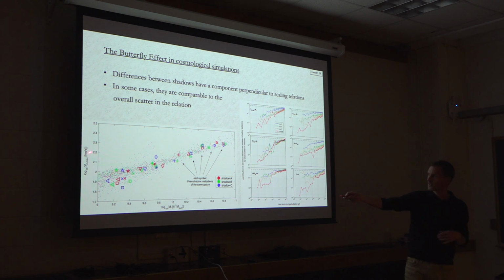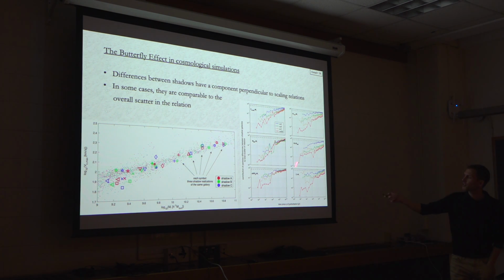So this is the Tully-Fisher scaling relation, if you want, the maximum circular velocity as a function of stellar mass. And again, all these little points show just the overall galaxy population with 3 colors, 3 shadow simulations. And again, these individual symbols show you that the same galaxy scatters around the relation to a degree that may be comparable to the actual overall scatter in the relation.